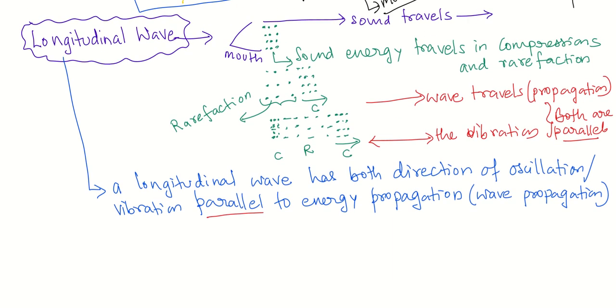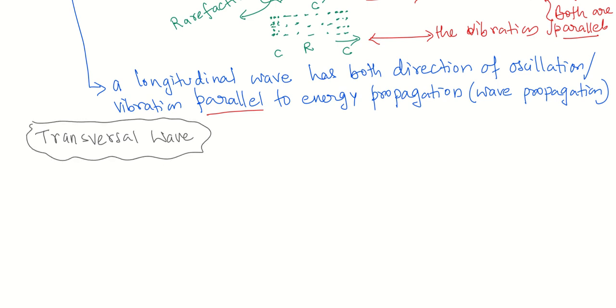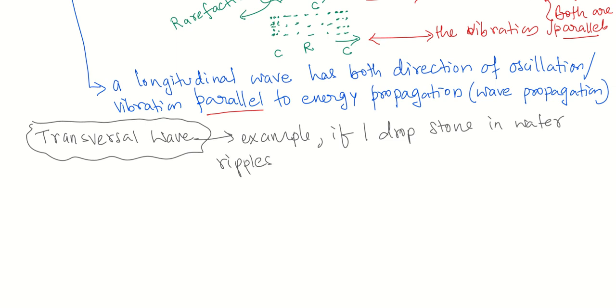Now let us discuss the transversal wave and see what is the difference between the transversal wave and this wave. In a transversal wave, for example, if I drop a stone in water, I know ripples are created.